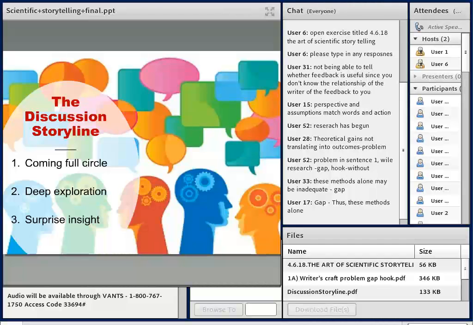And there are 3 patterns of discussion storyline that we can adopt. One is coming full circle. So you started the introduction and then reviewed the literature, and then you try to bring it back together. Others said this was the gap, I wanted to study this and narrow the gap. Did I do that? That's coming full circle.